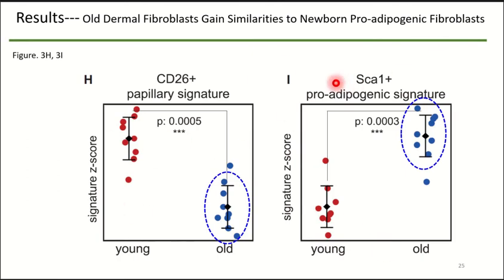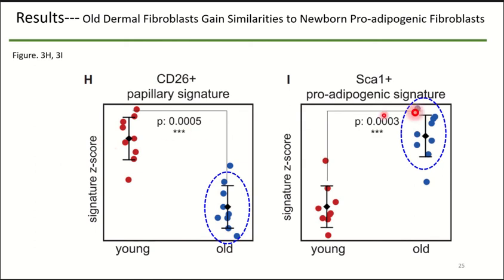Therefore, the transcriptome data of young and old fibroblasts described in Figure 1 were compared with these four characteristics of newborn fibroblasts. We can see from Figure 3H that old fibroblasts are less similar to the CD26 papillary signature.